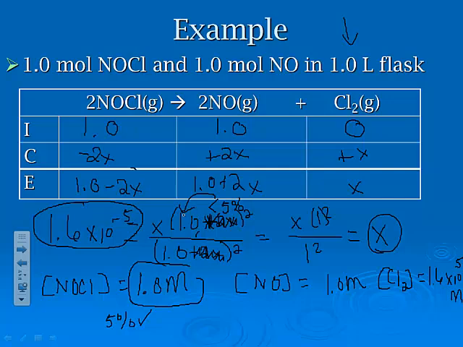So for this particular problem and this particular check, we need to make sure that 2 times x, or 2 times 1.6 times 10 to the negative fifth, is less than 5% of 1. When I do that math, pretty straightforward, I take 1.6 times 10 to the negative fifth times 2, divide that by 1, times 100, and I'm at about 0.0032%.